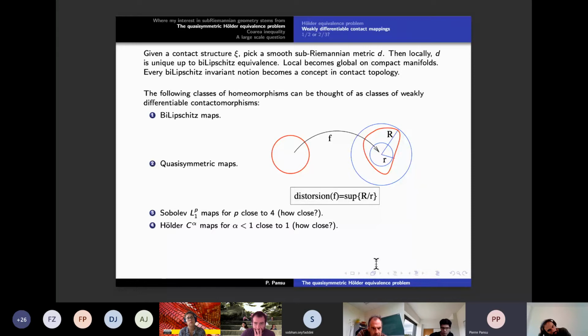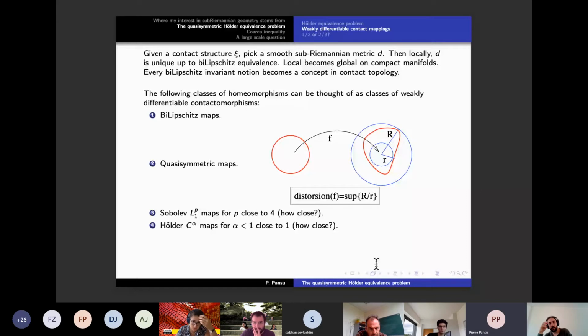All these classes may make sense now in contact topology, and we are wondering whether these larger classes have the same effect on contact structures, let's say, as diffeomorphisms.